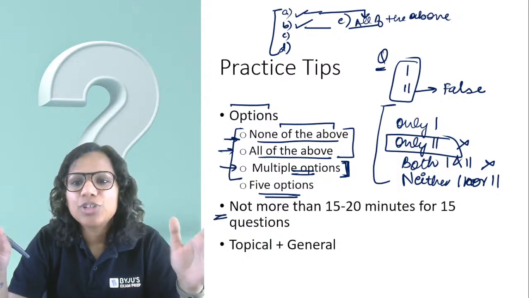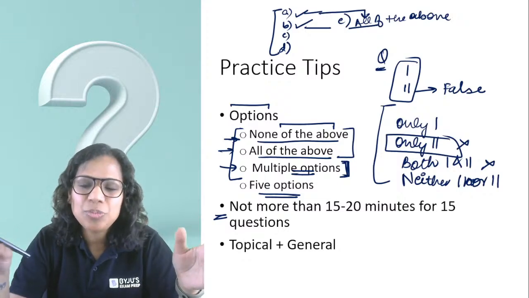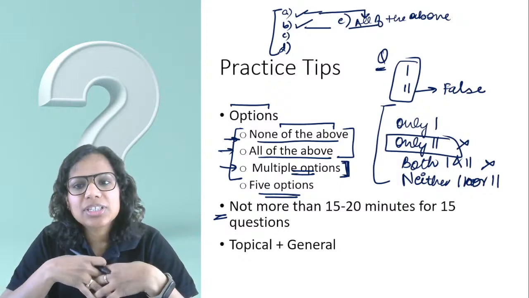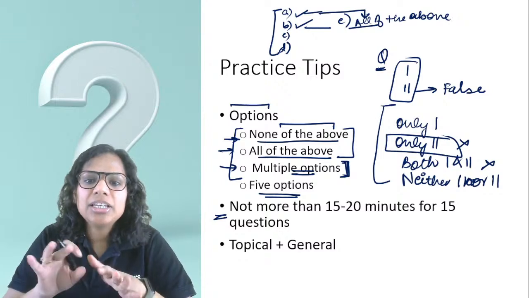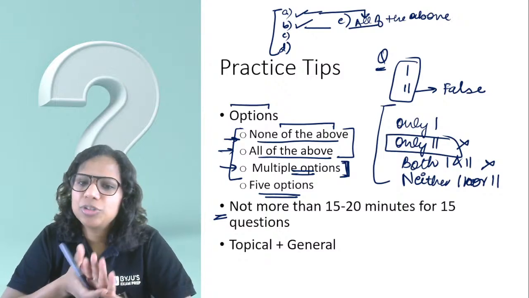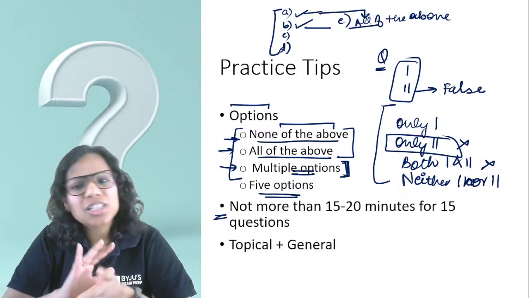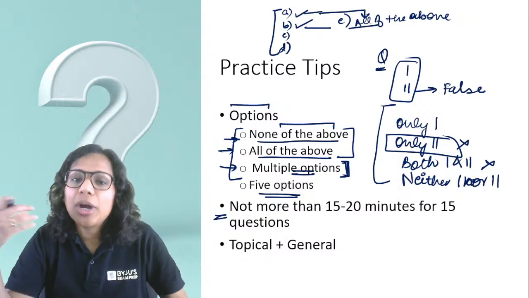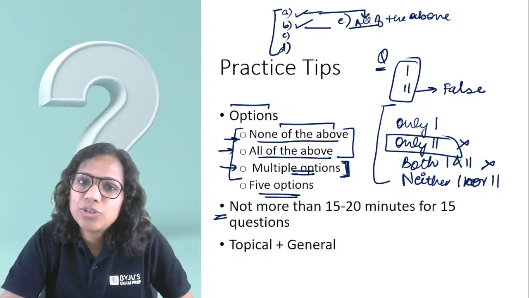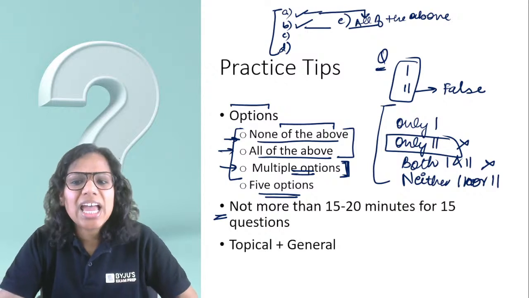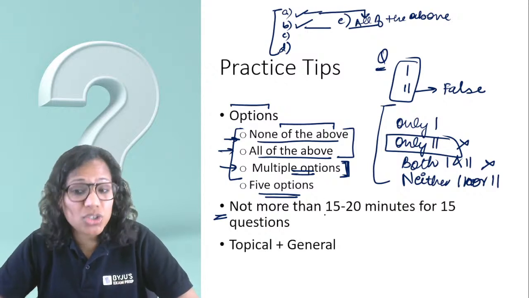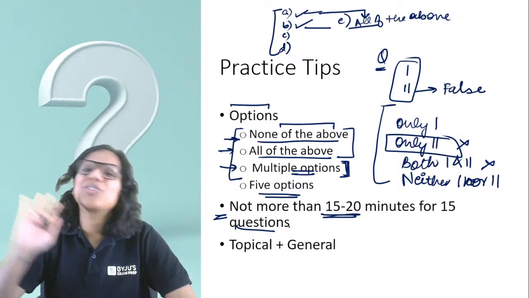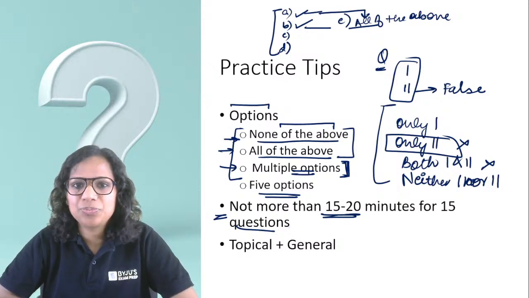I'm not saying that 15 questions are going to come in the exam, but if on an average 15 questions come from the RC section, then you should not take more than 15-20 minutes for these 15 questions. And it's pretty doable, right? Quite a few of your questions are going to be straightforward, so focus on those questions, and trust me, you will be able to finish these 15 questions in 15 to 20 minutes comfortably.